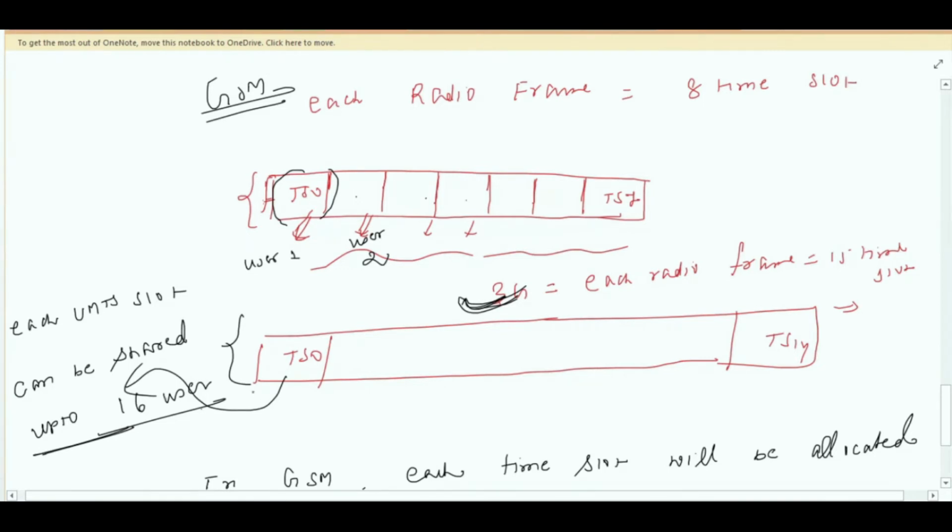That depends upon your amount of traffic. If suppose you're using only one slot, it's given to you, and now other users will not come here. But if you have a lesser amount of traffic, they cannot give you the entire slot. Earlier, in this frame only 8 users can be adjusted, but in 3G one slot can adjust 16 users.